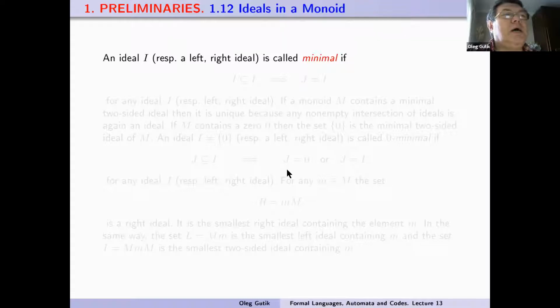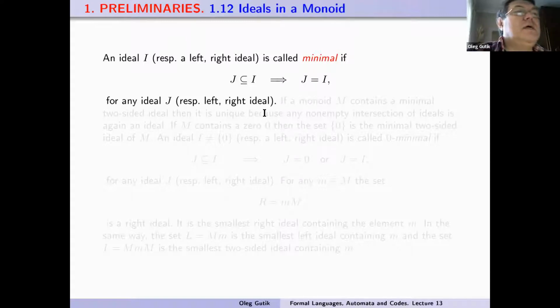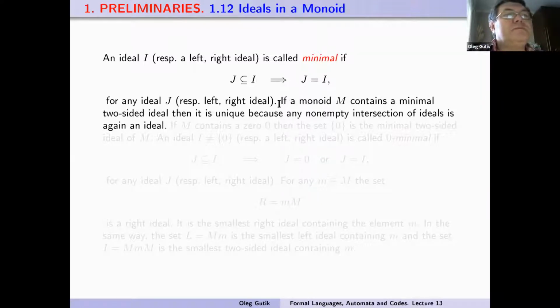An ideal I, respectively a left or right ideal, is called minimal if J is a subset of I implies that J is equal to I, for any ideal J of the monoid, and respectively for any left or right ideal of the monoid.